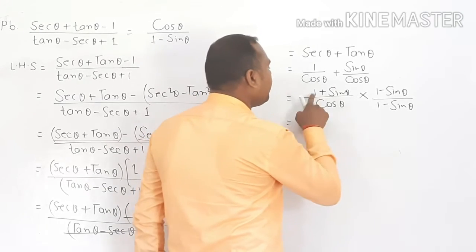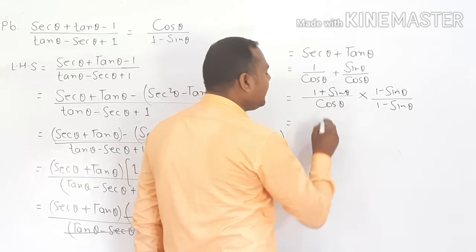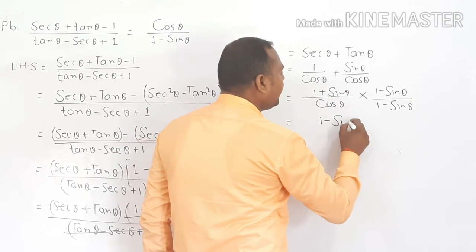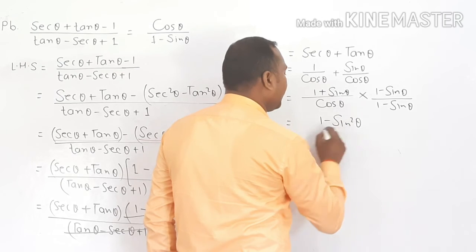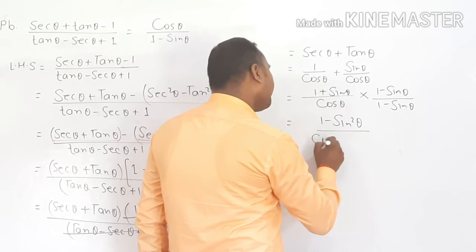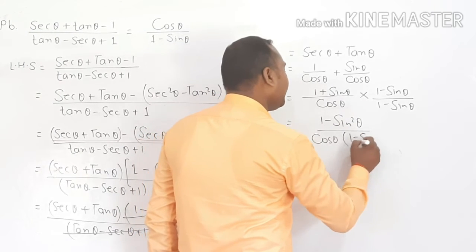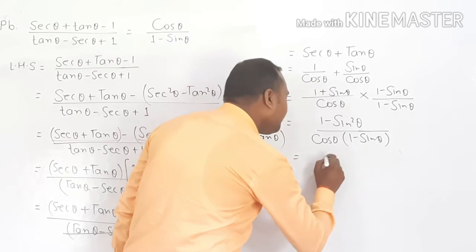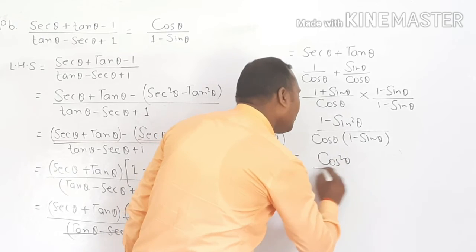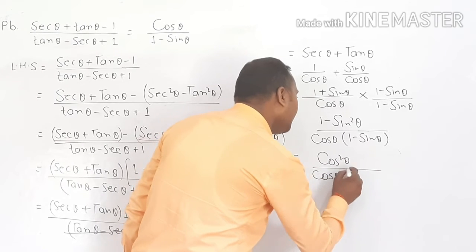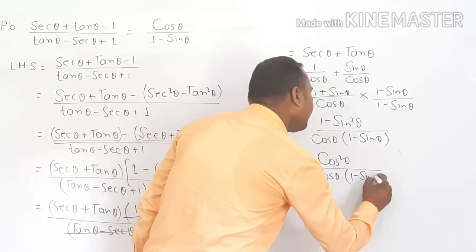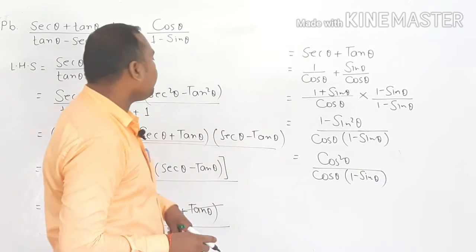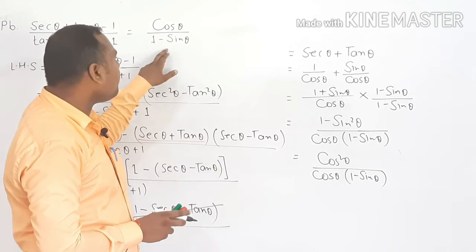Now (1 + sin θ)(1 − sin θ) means 1 − sin² θ, divided by cos θ (1 − sin θ). And 1 − sin² θ means cos² θ upon cos θ (1 − sin θ). We have to get the result in the form of 1 − sin θ.